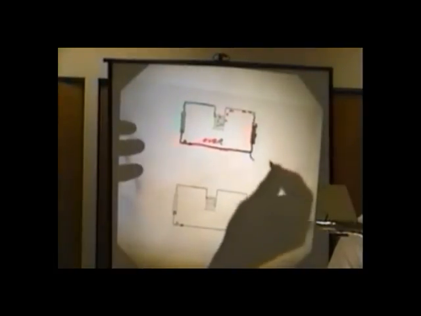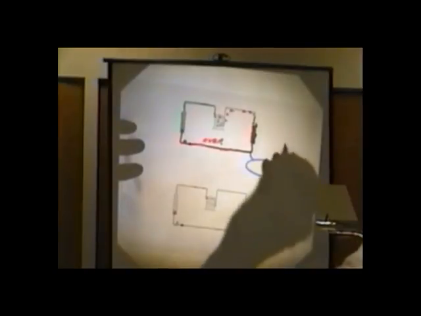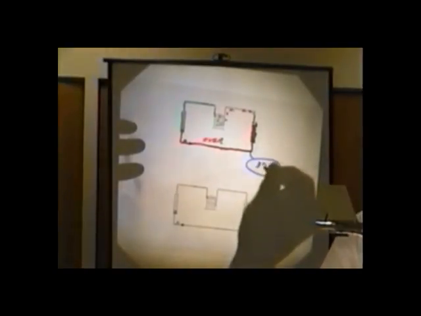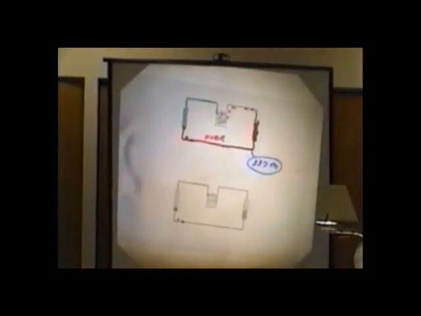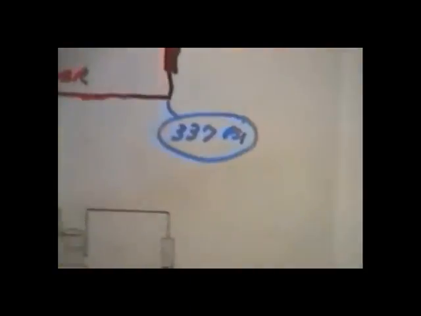Now, let's talk, if the pressure goes up, I'm going to try and use the example of 337 psi. Now if I come to my chart, 337 is 140 degrees. How's that?